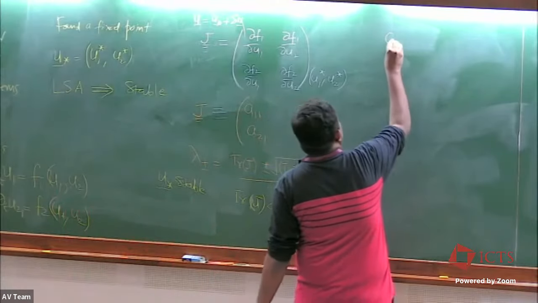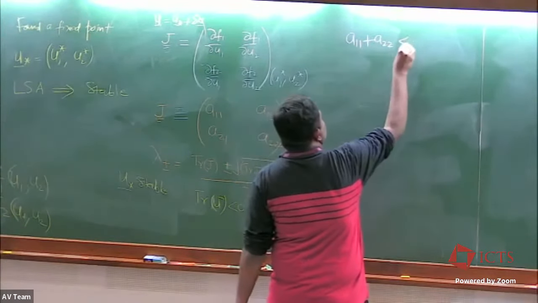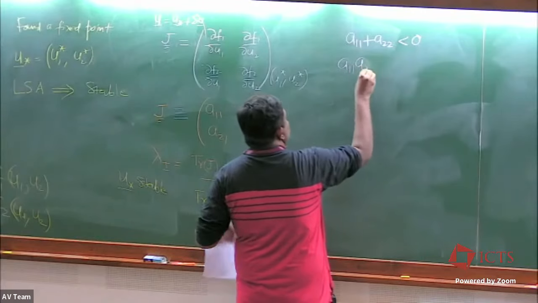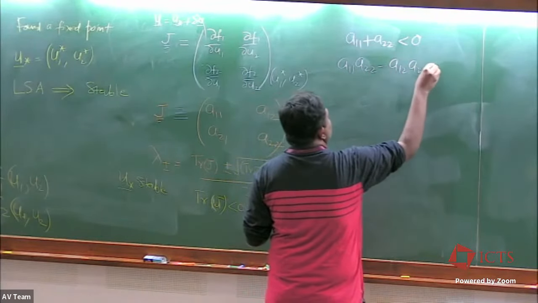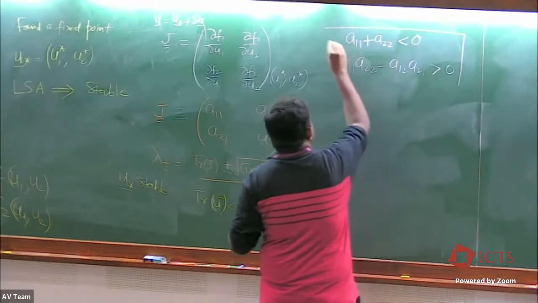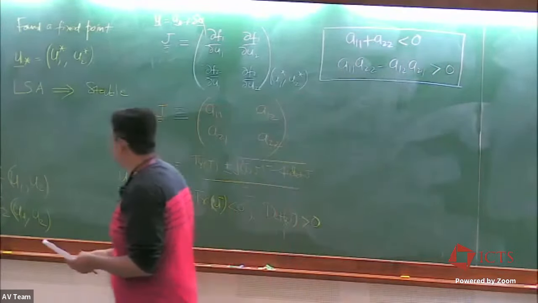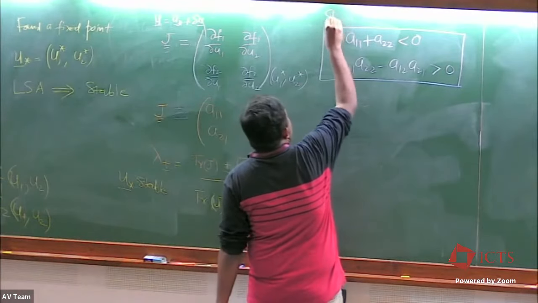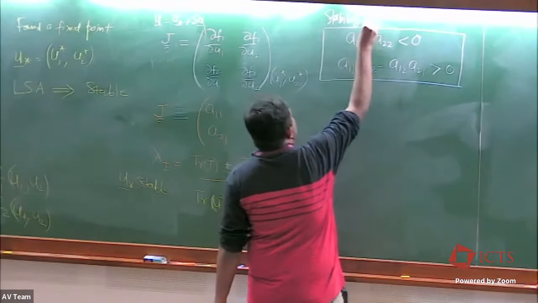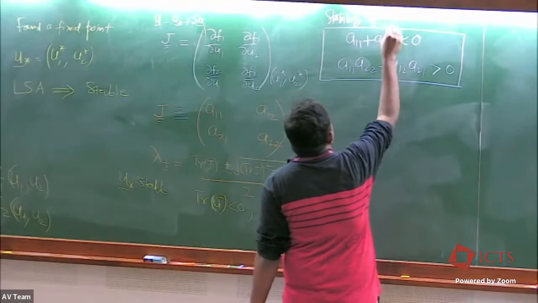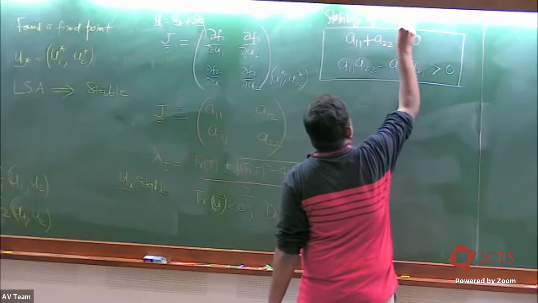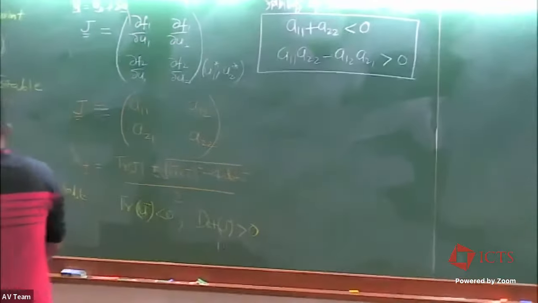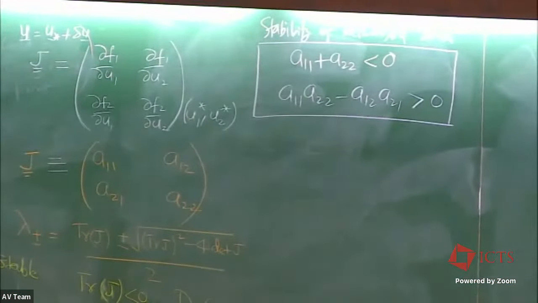This basically says that A11 plus A22, which is the trace, must be less than 0, and A11 into A22 minus A12 into A21 should be greater than 0.